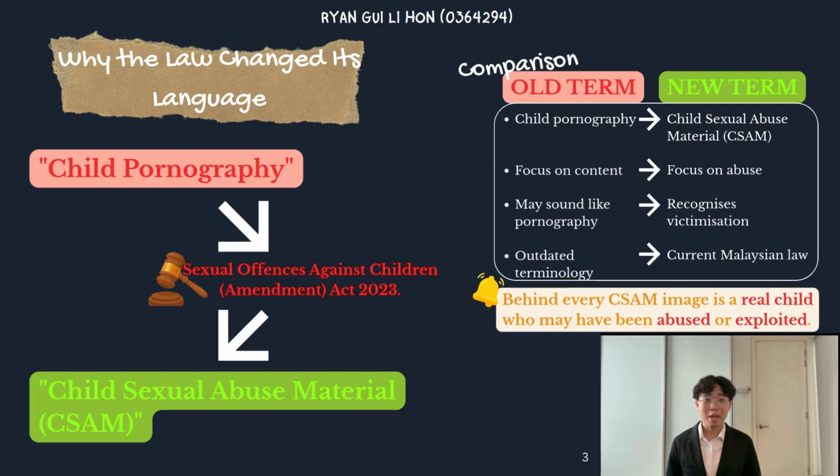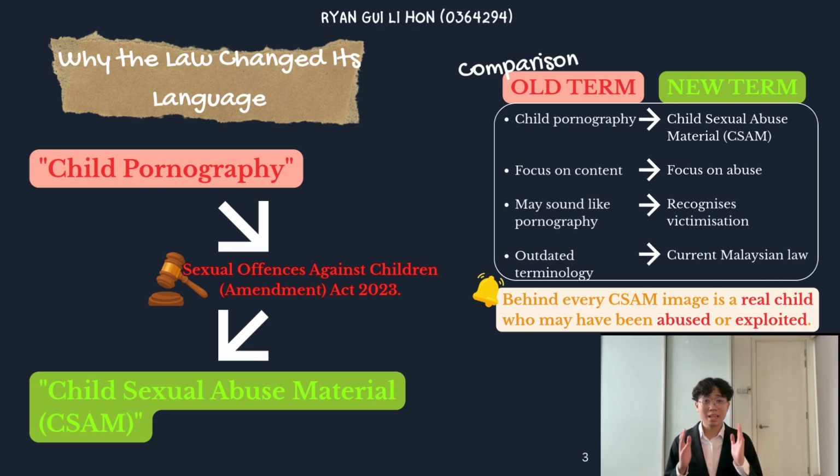The change was made because many child protection experts and researchers alike have argued that the term child pornography does not accurately describe the nature of the conduct. When you hear the term pornography, you would often associate it with sexual material involving consenting adults. However, children cannot legally consent to sexual exploitation.